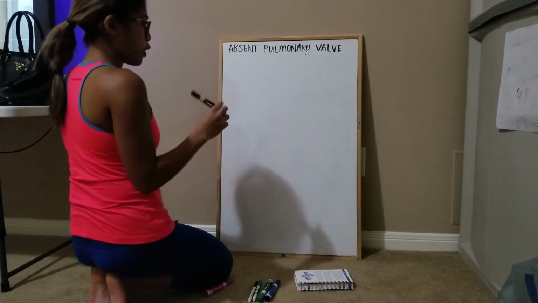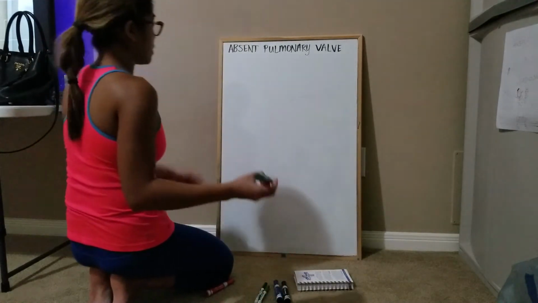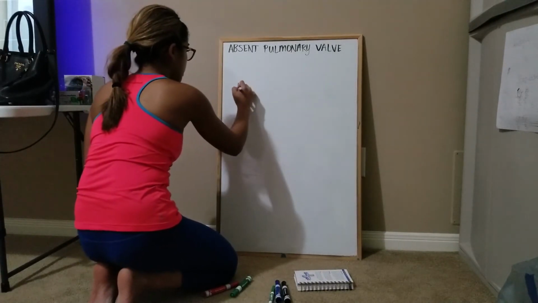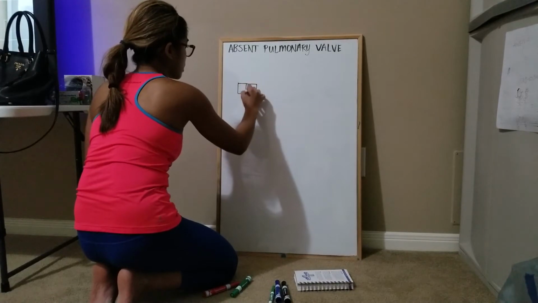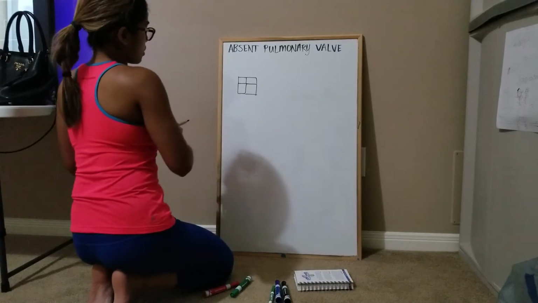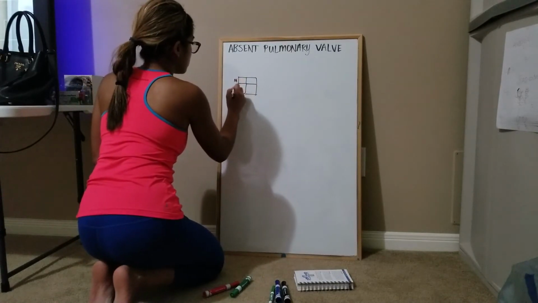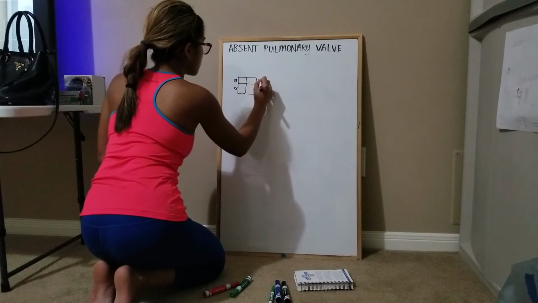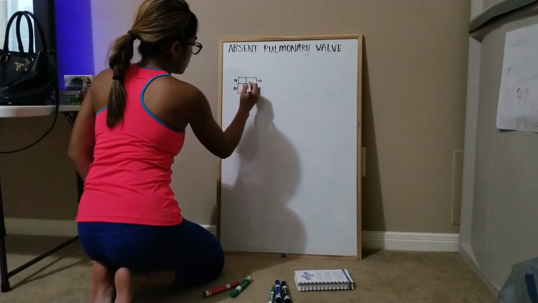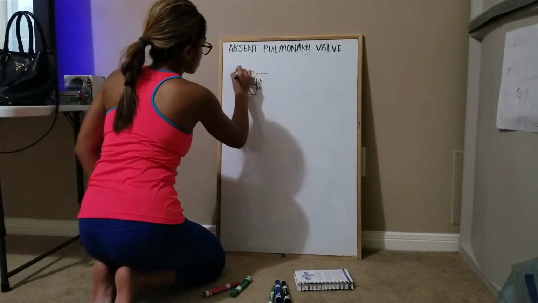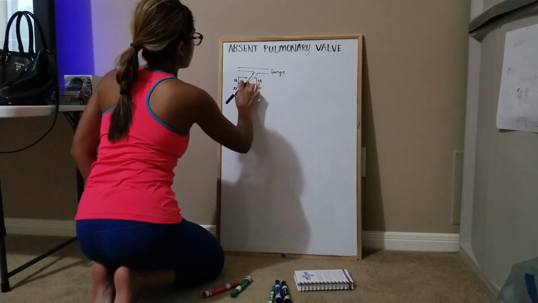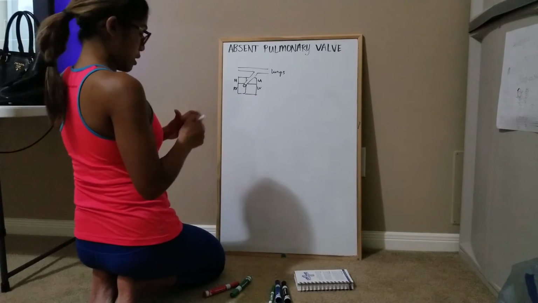So we knew from last time that the pulmonary valve is the one that connects from the right ventricle. I draw it like this, and the aorta. I mean the atrium. So the right atrium, right ventricle, left atrium, left ventricle. The pulmonary valve is the valve right before it goes to the lungs, the pulmonary artery, and goes to the lungs.